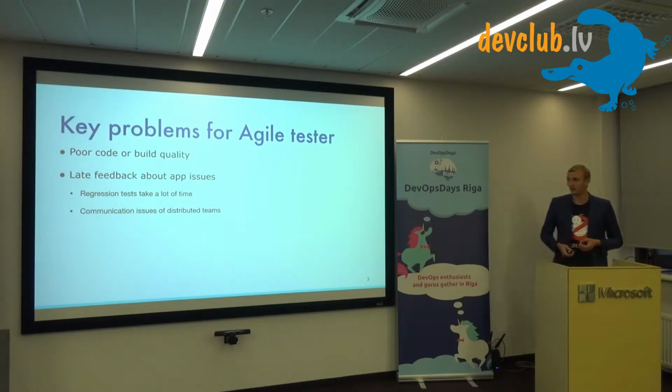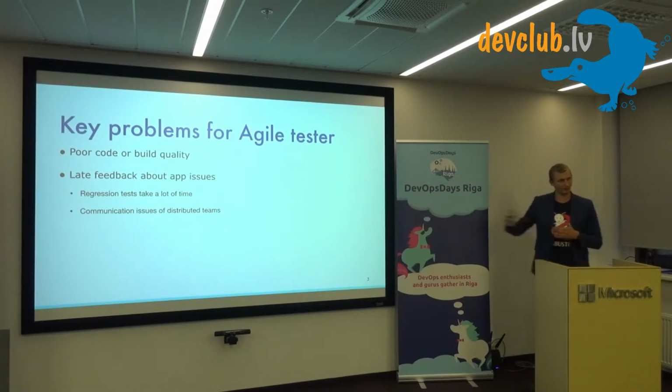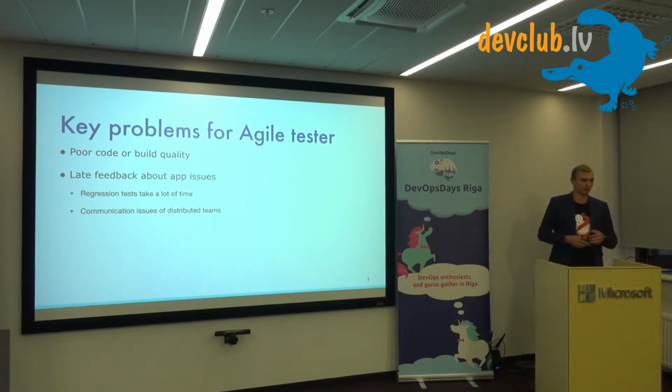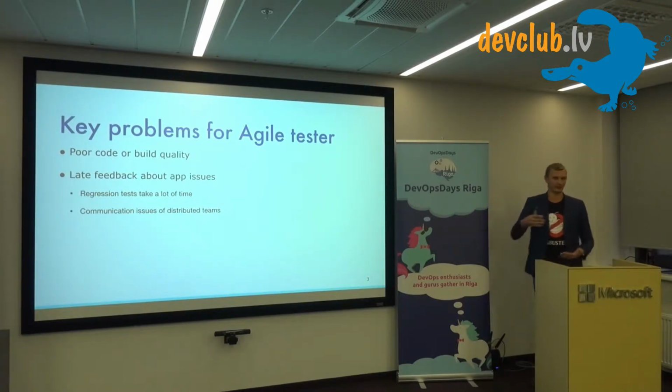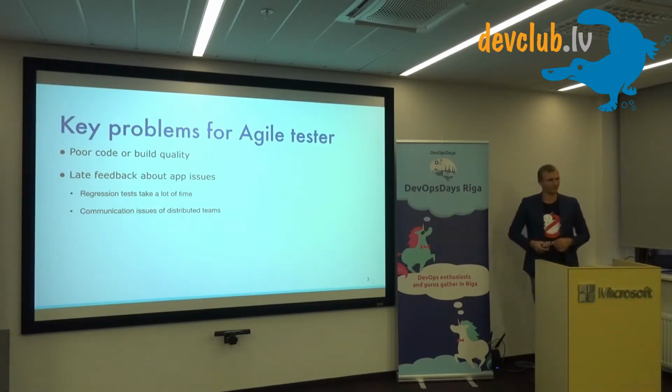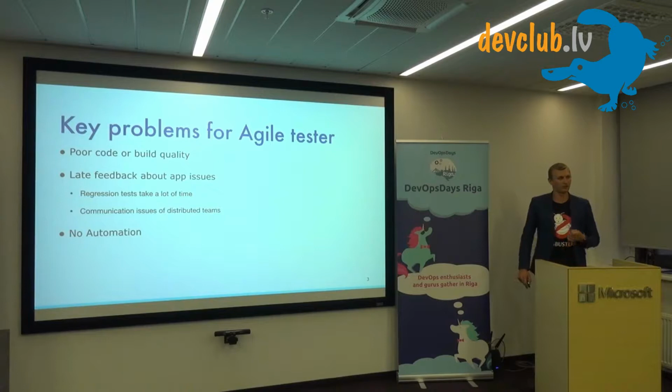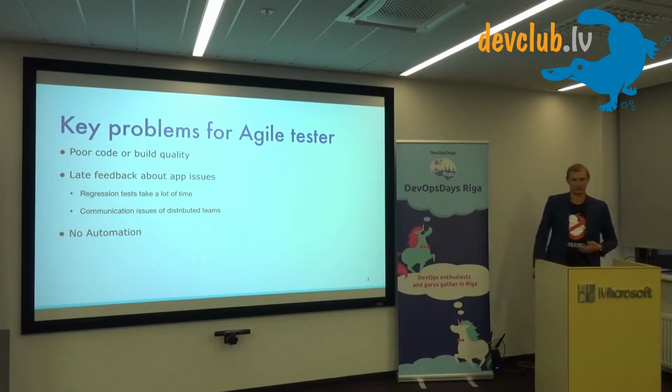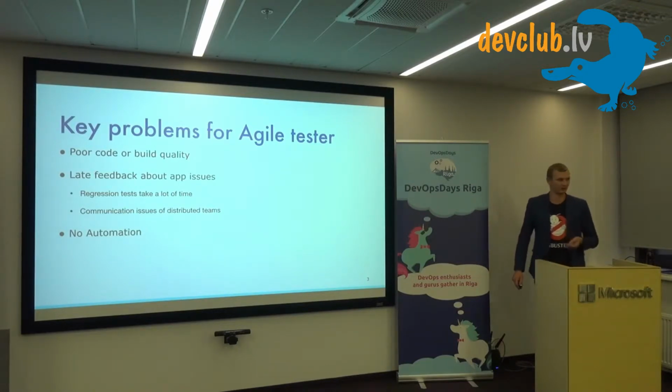And also there are sometimes communication issues for distributed teams, especially when there is a big time zone difference, let's say 12 hours, where each question to the developer and the answer from him takes one full day, and a bigger discussion could take even more than that if we don't have a common time to work on. And one more thing is that sometimes there is no automation at all, because if there are repetitive tasks, we want to automate them to do things faster.